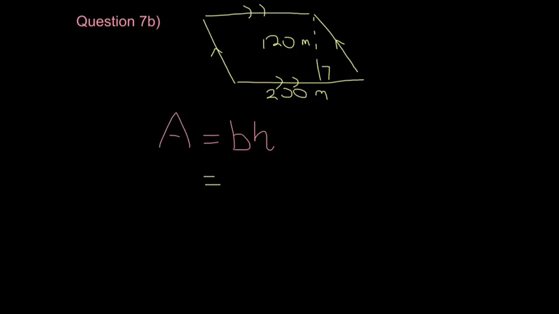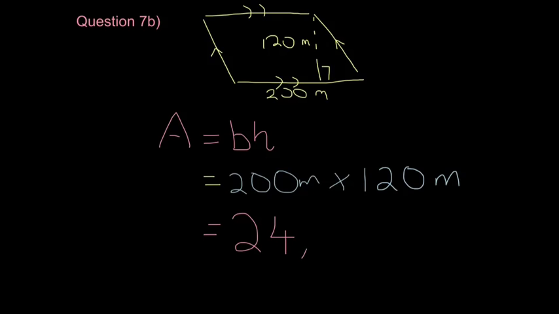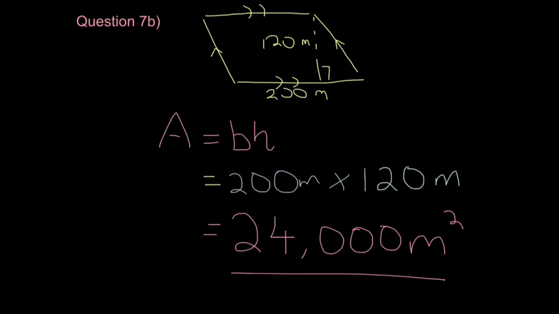Now, the base in this sum is 200 meters times the height, which is 120 meters. 200 times 120. The answer is 24,000 meters squared, because of meters times meters, so we have meters squared. That's the solution.